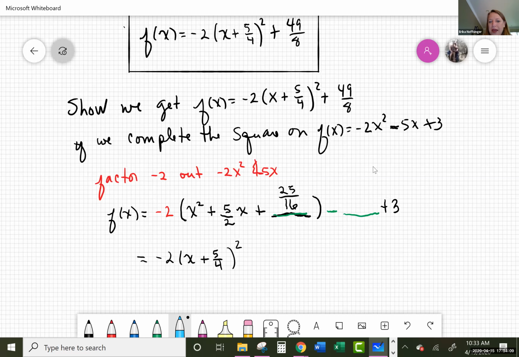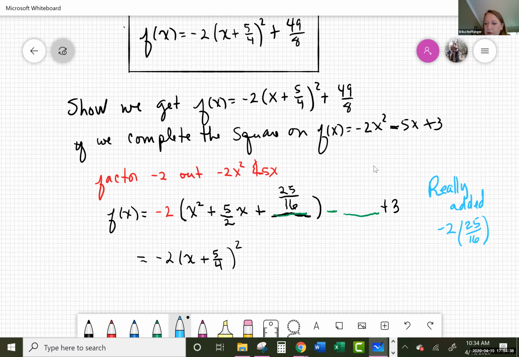In order to drop that parentheses, that -2 has to be distributed to every item. And so technically we added on this side 25/16 times -2. So let me just write that. So we really added -2 times 25/16.